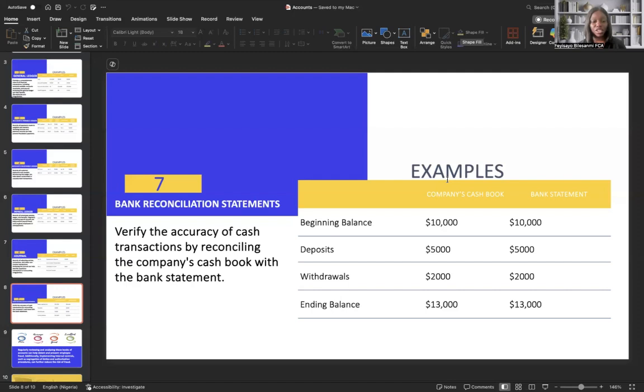The bank reconciliation statement is one of the most important books, right? It is the seventh book that we'll be looking at today. So it helps basically to verify the accuracy of cash transactions by reconciling the company's cash book with the bank statement. After this reconciliation, you have the same balance in your cash book and in your bank statement, right?